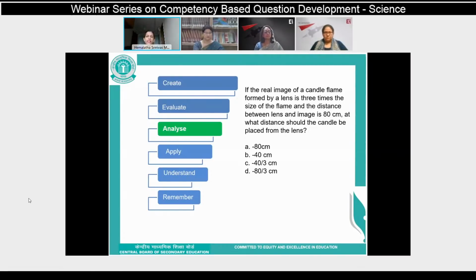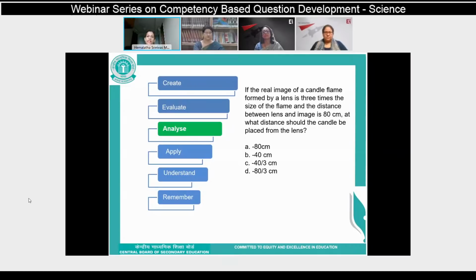It generally urges the students to break down what is asked and examine the meaning of the various sections. For example, the real image of a candle flame formed by a lens is 3 times the size of the flame, and the distance between the lens and image is 80 centimeter. At what distance should the candle be placed from the lens?